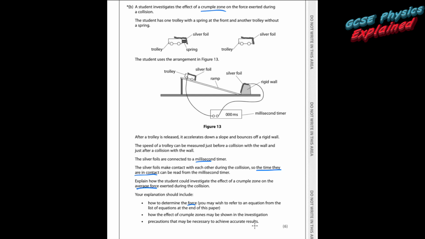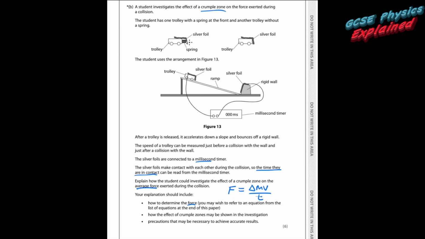Right, the formula you want is impact force equals the change in momentum divided by the time taken for the change. Now what's going to happen is, as the trolley comes down here, if it's rigid, thump, it's going to stop very quickly, and that impact time is going to be small, which makes the impact force big.